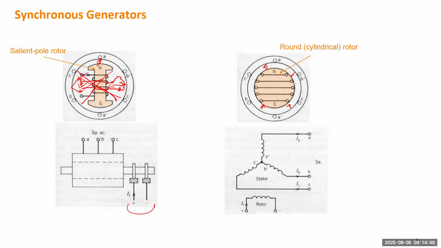Okay, so those are the key parts of the generator. For the rotor, we're going to consider a single winding, the field winding. For the stator, we have A, B, C, 3 windings to be considered.